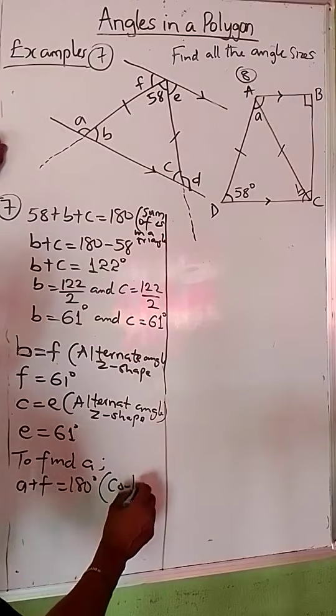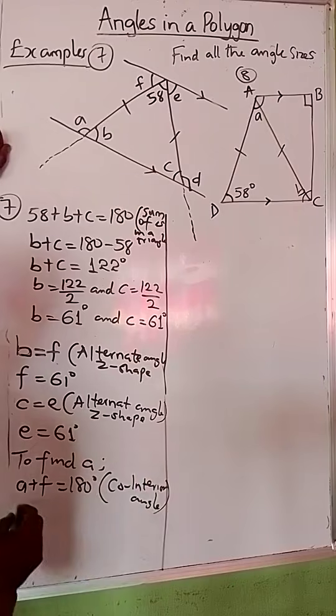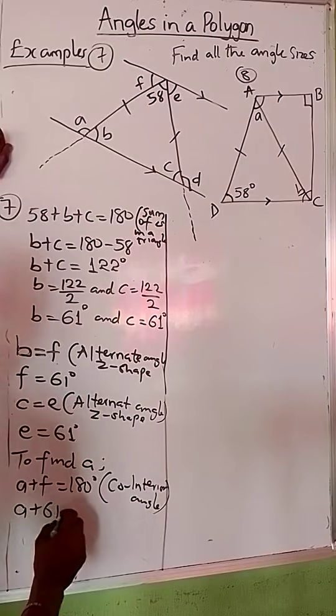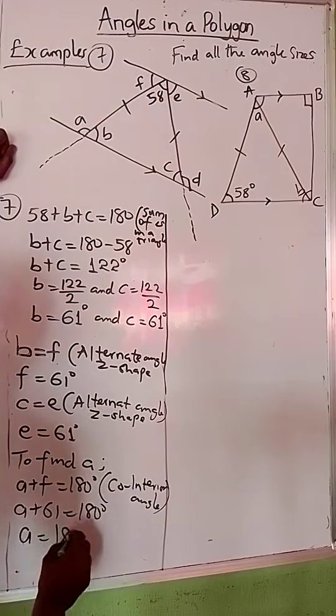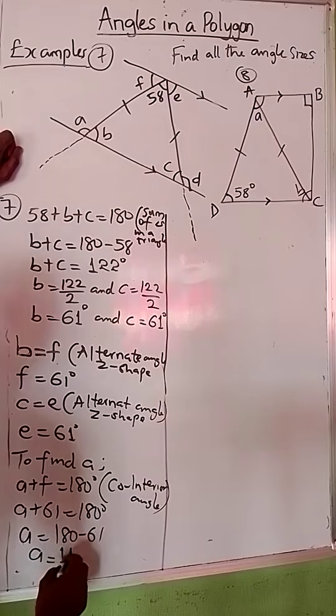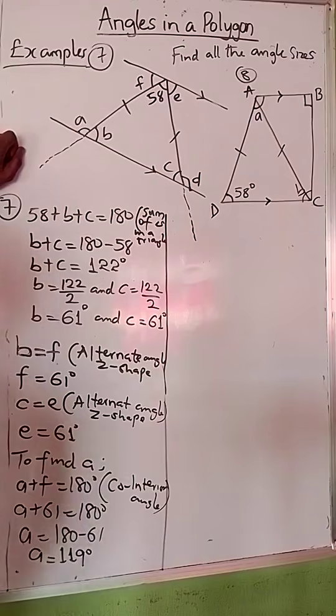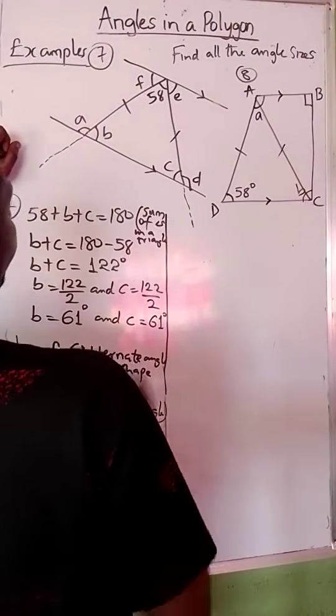They are co-interior angles. And we have gotten our F, which is 61. So A plus 61 equals 180 degrees, so our A equals 180 minus 61 degrees. So our A equals 119 degrees.